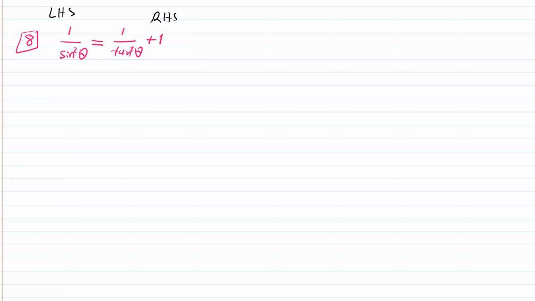We start with the right hand side. We have 1 over tan square of theta plus 1. Students, remember, at the top I wrote for you, tan theta equals how much? Tan theta equals sine theta over cosine theta, right?